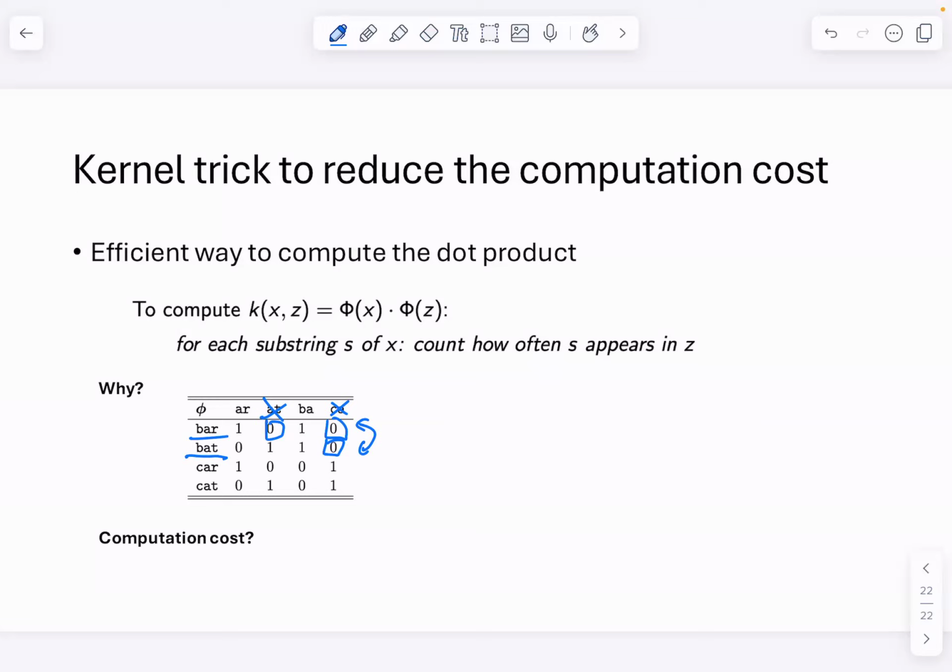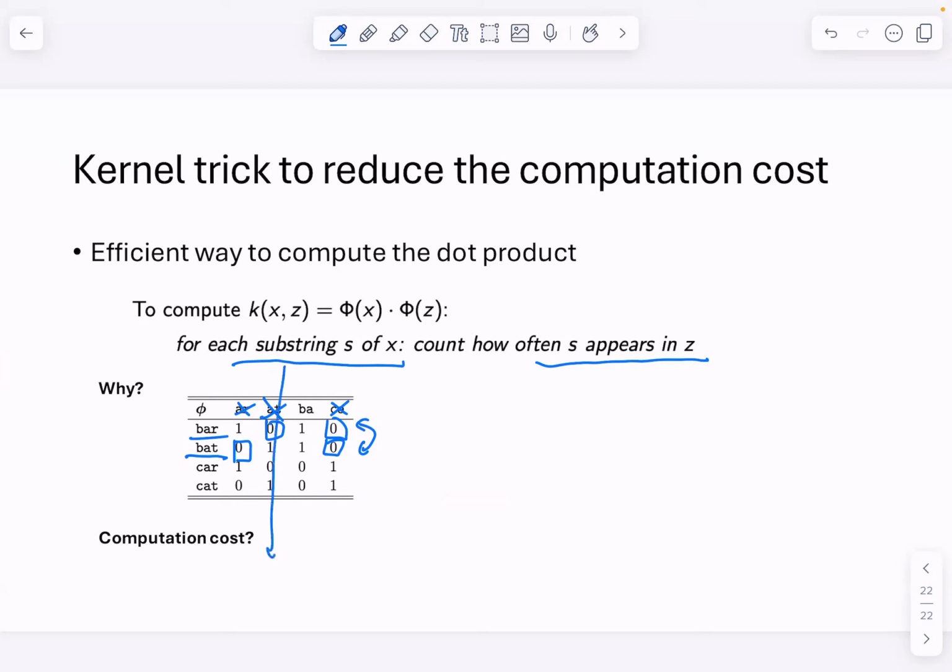You can also neglect AR because it is not contained in BAT. This means that when computing the dot product, you don't need to iterate through all the substrings you have. You only need to iterate over the substrings contained in one of the inputs. Let's say you list all the substrings contained in X, and then you count how often each substring appears in Z. This is the trick here.